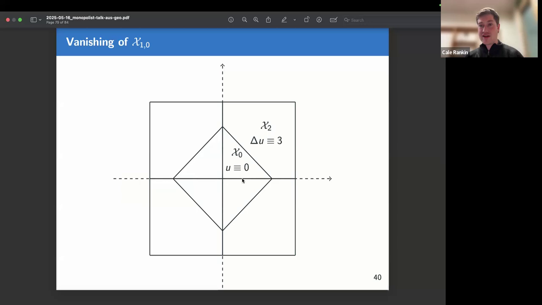Laplacian U is equal to 3 times the characteristic function of the set where U is greater than 0. And Caffarelli's free boundary regularity results for the classical obstacle problem imply the set where U is equal to 0 in this setting has smooth boundary, so it can't be of this form. And this is our contradiction that implies our omega-0,1 must vanish, and essentially completes me showing you the key ideas of this proof.